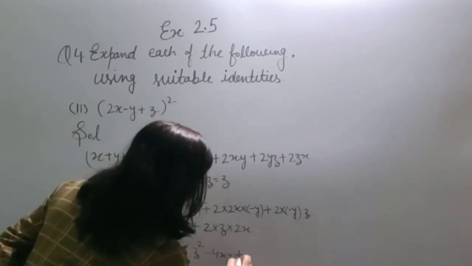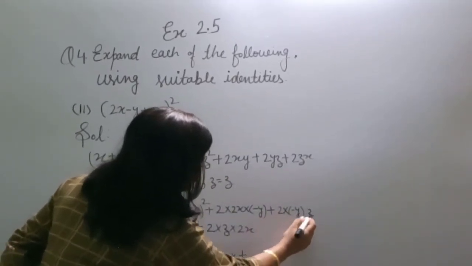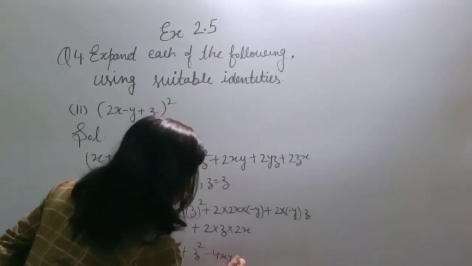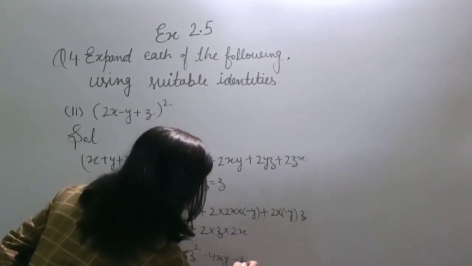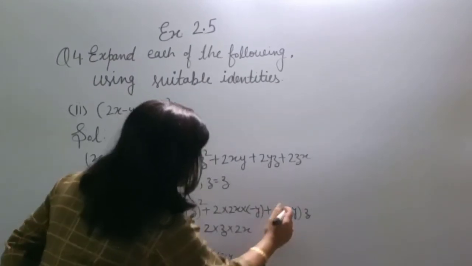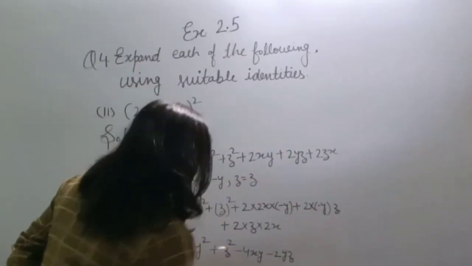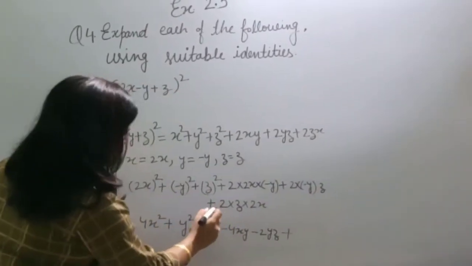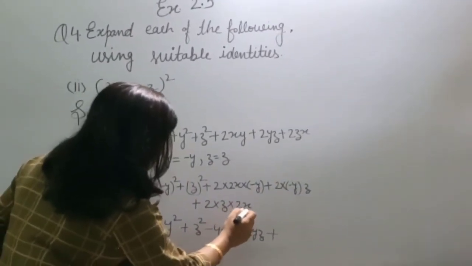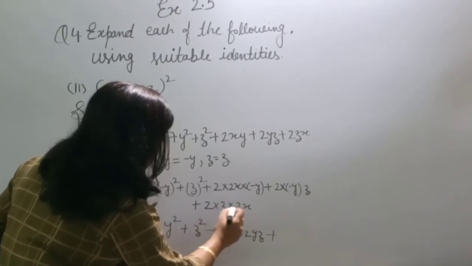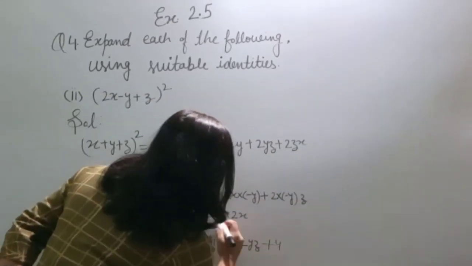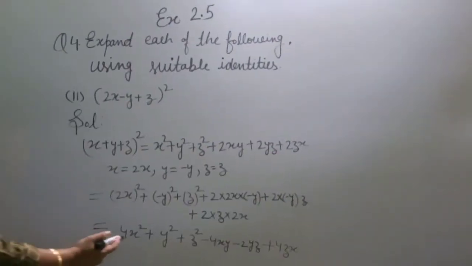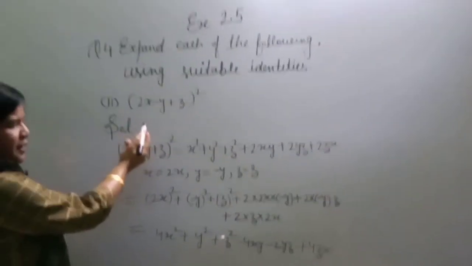Plus 2 into minus yz, that means minus 2yz, because here it is minus y, plus 2 into z into 2x, that means 4zx. So this is the expanded form of the second part.